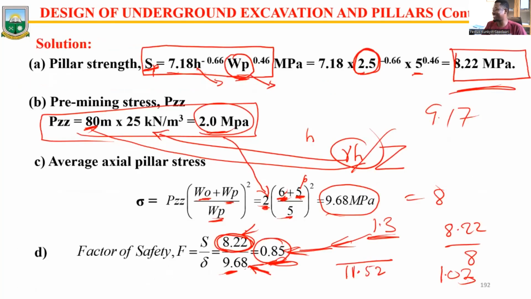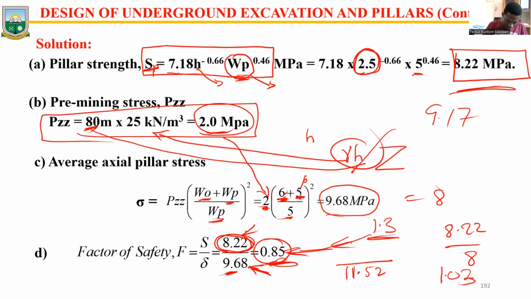Let's go back. Doc, can we check the first option again where we increased the pillar width? Okay, so it looks like when we increased it in getting the average pillar stress, we only changed the numerator, the pillar width at the numerator, but the denominator, we didn't change it. I don't know whether the person who pointed it out did or not. So we are going to have that of 6 plus 6 over 6, right? Yes. So that would be 2.